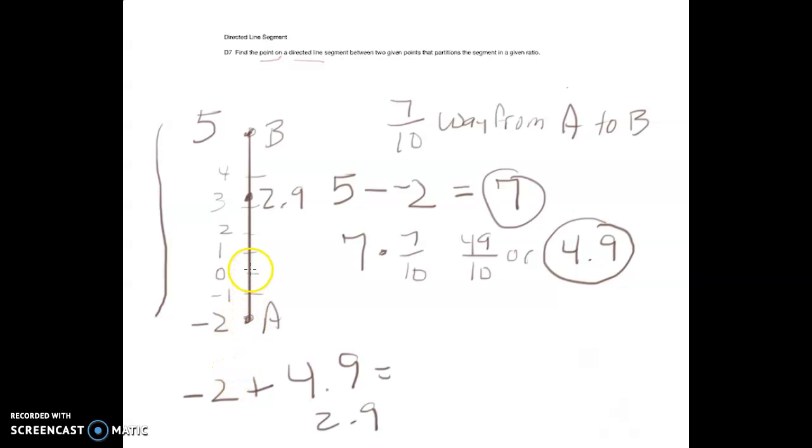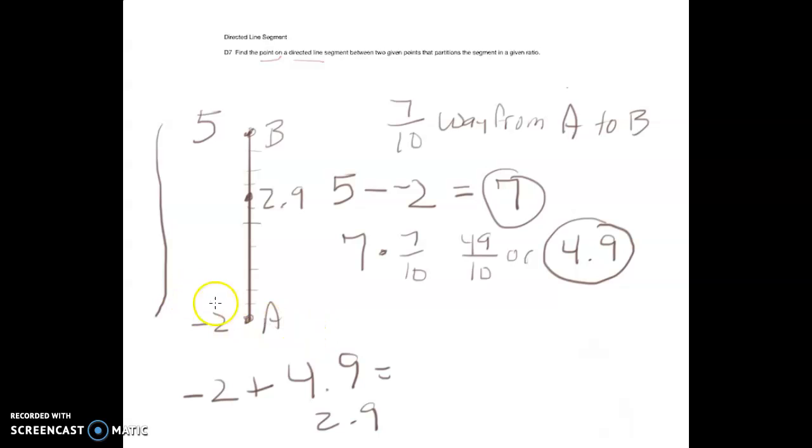Okay, so my 2.9 should have been right there. No, I had to divide it into 10. Okay, see, what if I can go backwards on that? Okay, got to divide that into 10. So let's see here. 1, 2, 3, 4, 5, 6, 7, 8, 9, 10.